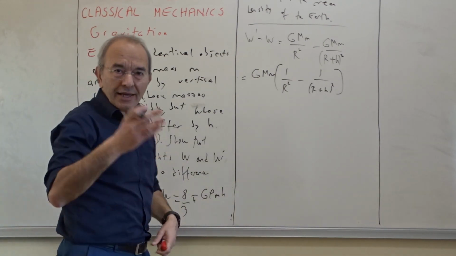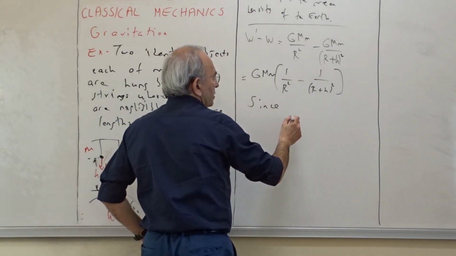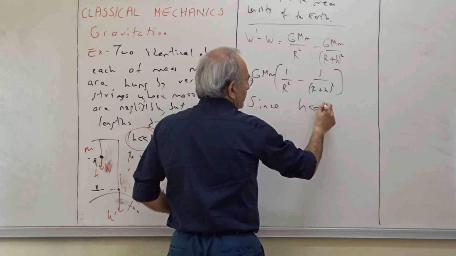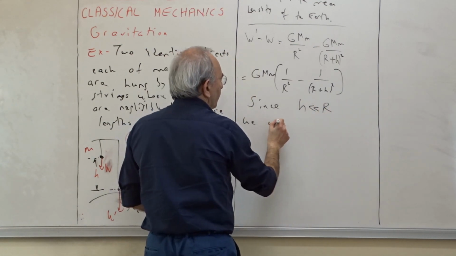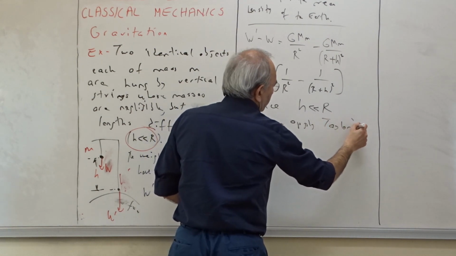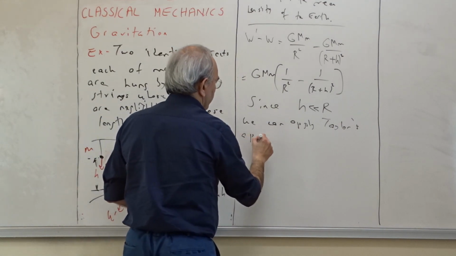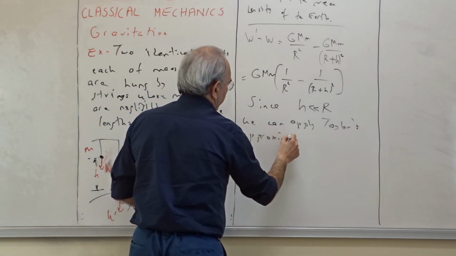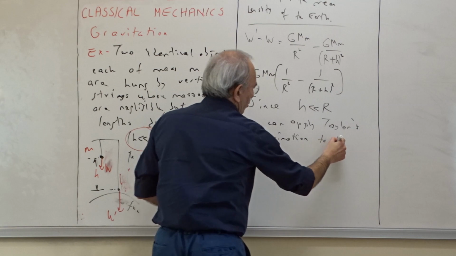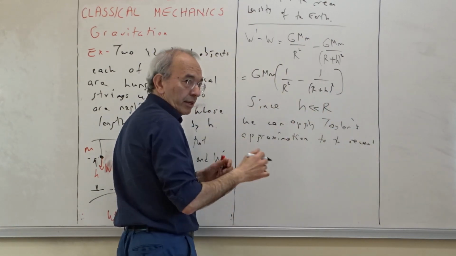So we can apply again Taylor's approximation. Since H is much less than R, we can apply Taylor's approximation to the second denominator. But not now, we should arrange it first.